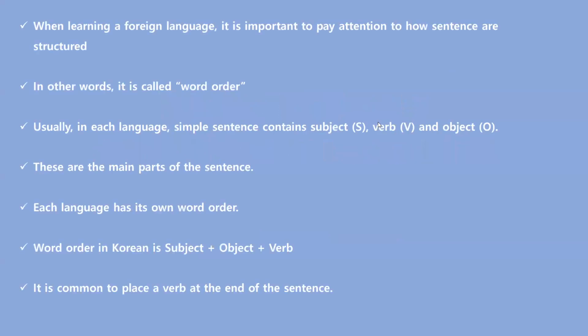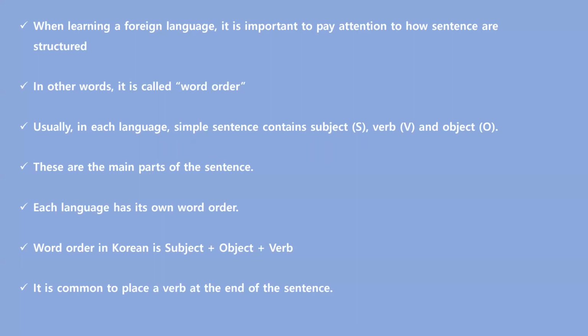So when we learn a foreign language, it's important that we pay attention to how sentences are structured. So the concept of word order is also very important. Each language has word order. For example, in Korean, each sentence consists of certain parts of a sentence, such as subject, verb, and object.